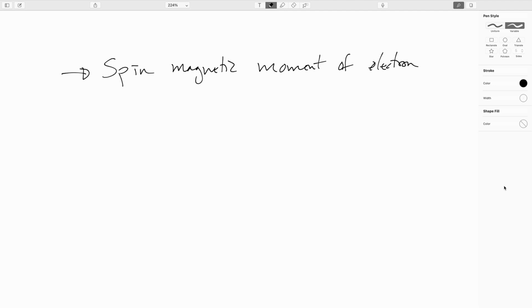We know that this is some sort of intrinsic degree of freedom of the electron, and it's measured in units of angular momentum.